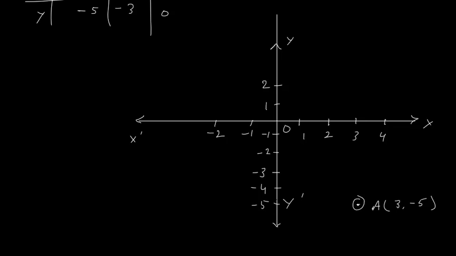From here we draw one perpendicular, from here we draw one perpendicular. On graph paper it is easy, as the lines are already there. So this is my point B, which is minus 2 comma minus 3. Then point C is 4 comma 0, along the x-axis 4, along the y-axis 0. So this is my point C, 4 comma 0.